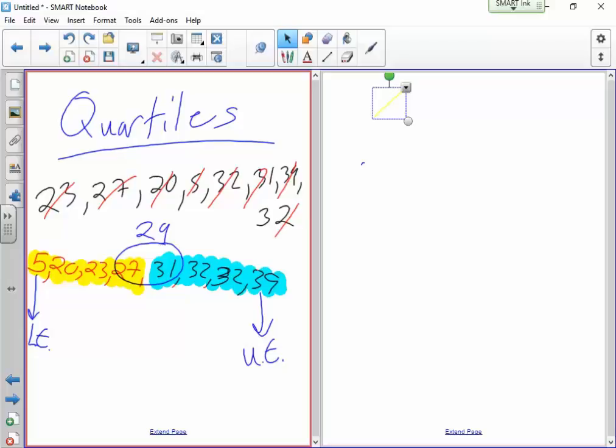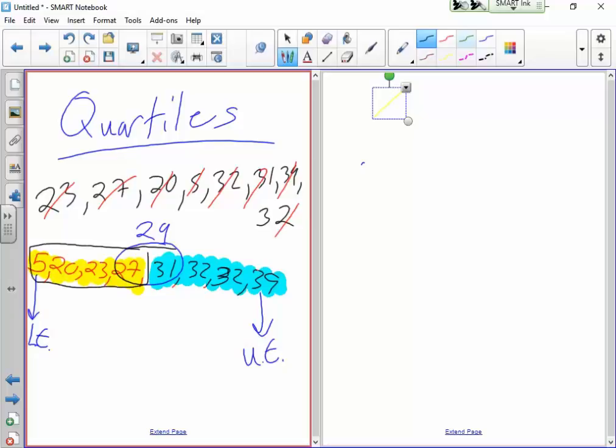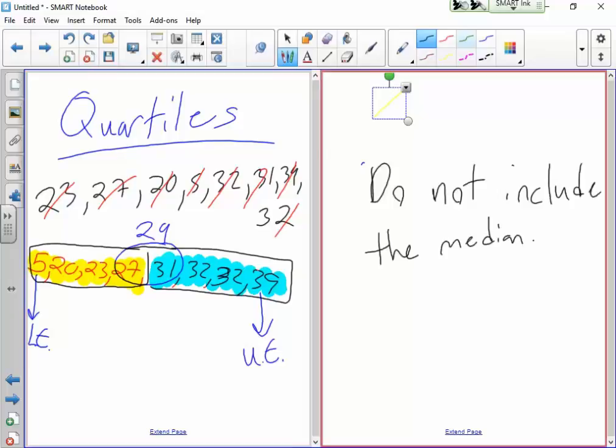Not the average of the two sides, but I split it in half according to the median, on either side of the median. My median is 29. So I'm breaking it apart on the two sides of the median. It would be the numbers on either side of the median. You don't include the median.